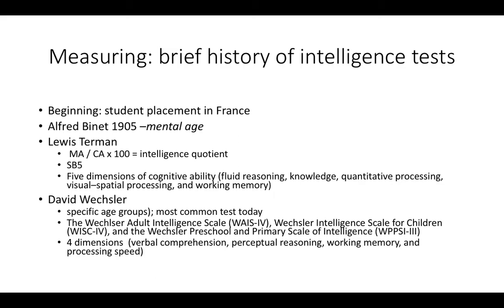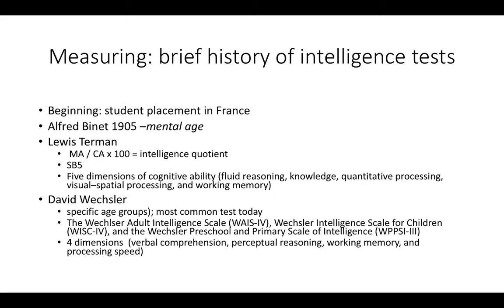The SB5 is the Stanford-Binet 5, the 5th edition of the test, and that's the most recent one. It is used less than it used to be, and David Wechsler is a contemporary researcher who's been working in the field for years, and he came up with tests that were suited for specific age groups.